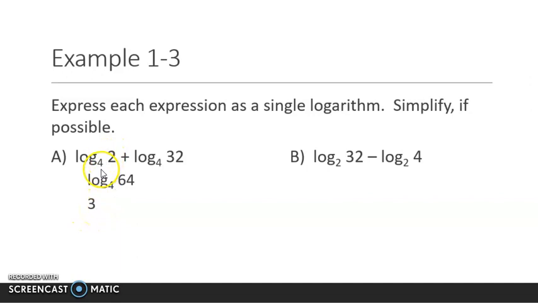Notice 4 to the 1/2 power is 2, but 4 to the what power is 32? You might not know that one. It's actually 2.5, but you probably don't know that. So it would be hard to do in this way, but when you combine it to 64, you can easily get to the 3. And that's why we use this.